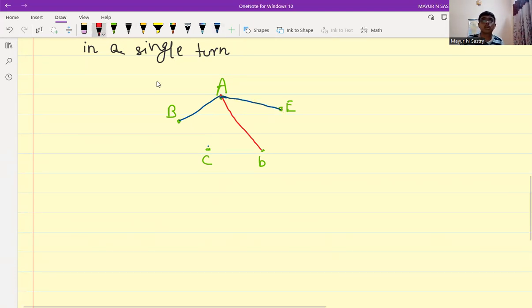That is because if I join AE, then the second player would be forced to join BE, and now he does not have any possibility of forming a triangle in the next turn. There does not exist anything like that. So that's what we have achieved.